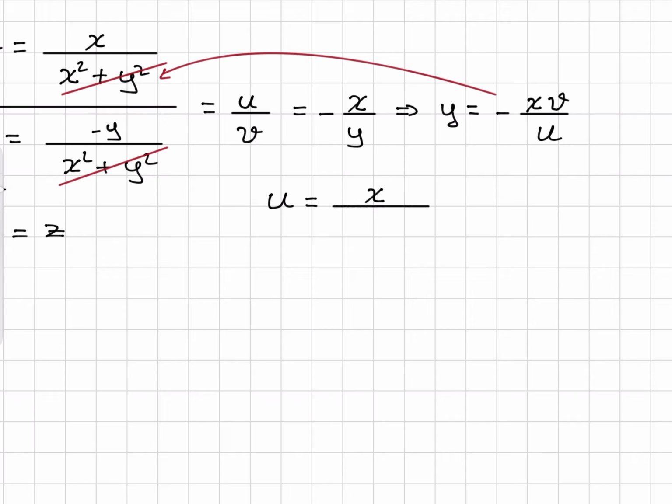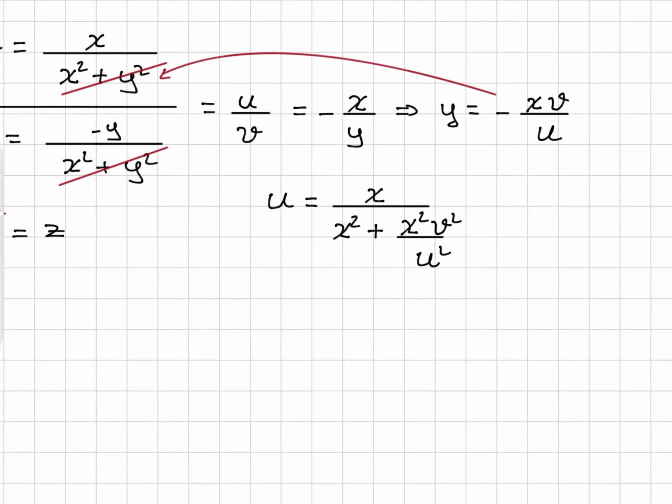So it's x divided by x squared plus, with y equal to minus xv over u, x squared v squared divided by u squared. This way I have eliminated y from this equation.